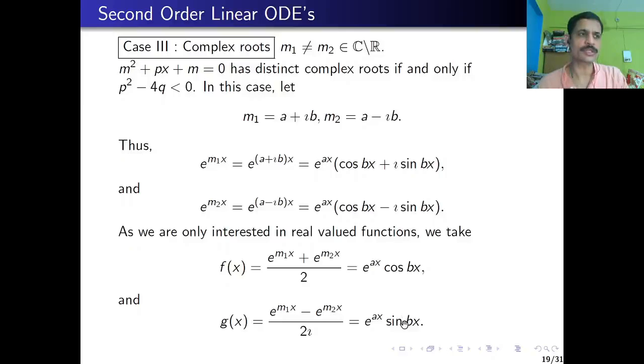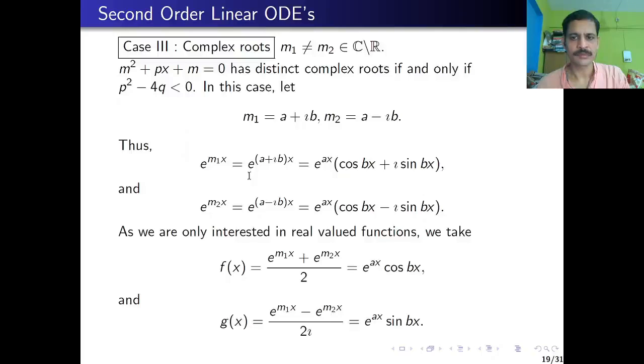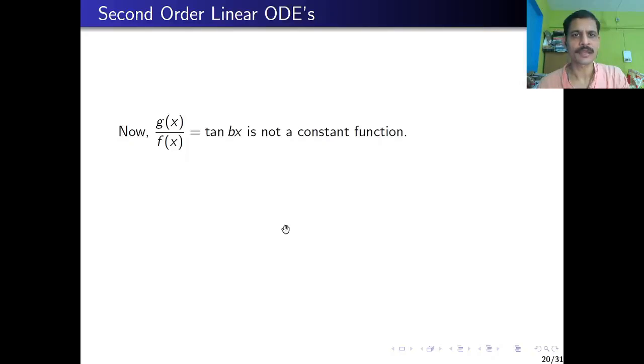Are these two solutions linearly independent? For that, we just take the ratio of g(x) by f(x). We get tan bx because sin bx divided by cos bx, and this tan bx is not a constant function.